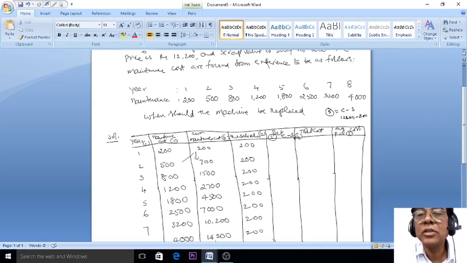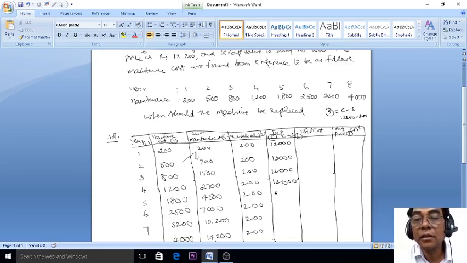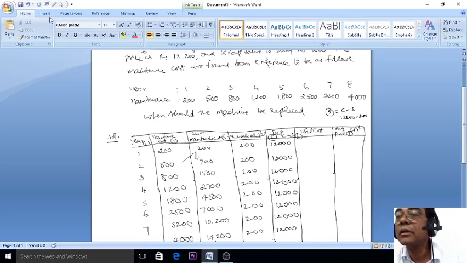So that is 12,000, because the resale value is constant.